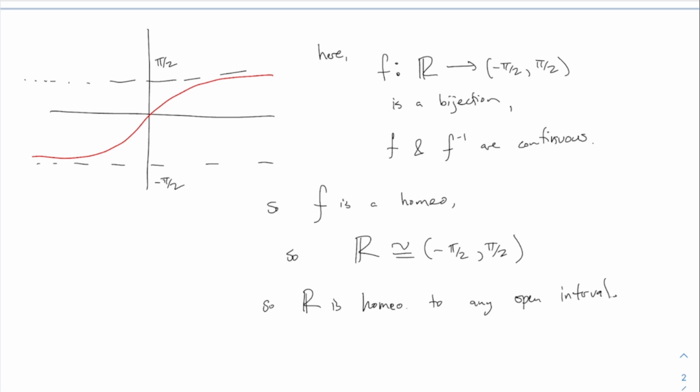Because that's how you show two sets have the same cardinality, if there's a bijection from one to the other. So that's part of being a homeomorphism, but homeomorphism also requires this business. So any homeomorphism automatically means the two sets have the same cardinality, but it also means a little bit more. Like there are uncountable sets which are not homeomorphic to R. And later on today, we'll see some examples.